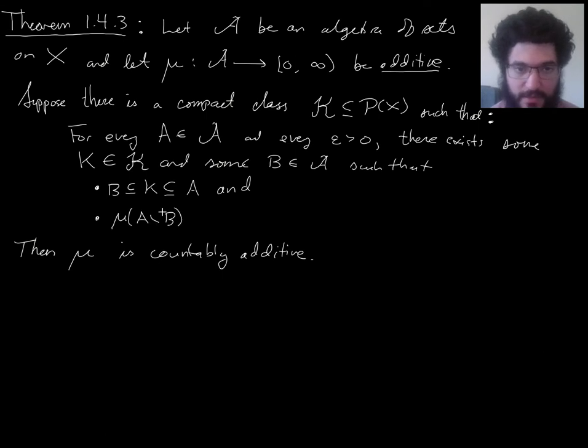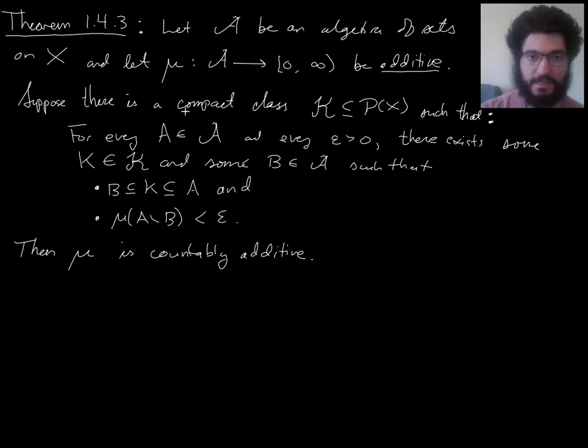Because an algebra of sets is closed under complements. So I can apply mu to this, and that should be less than epsilon. So that's it. That's the criterion. If there exists a compact class that makes this happen, then you can deduce that mu is actually countably additive. So this is one way of showing that a known additive non-negative function is countably additive.